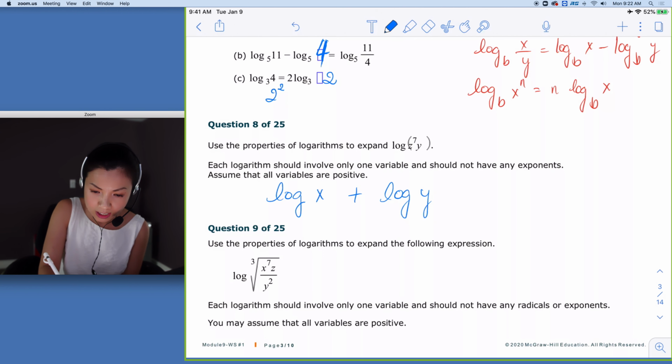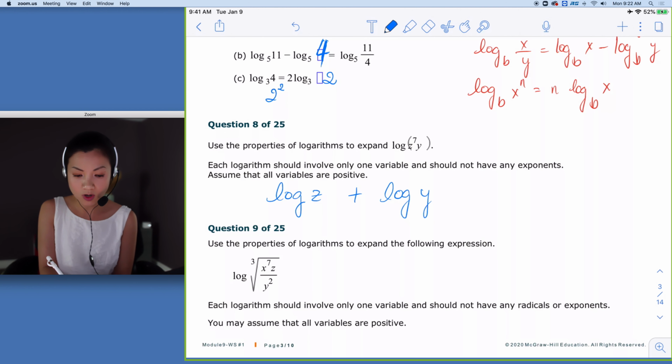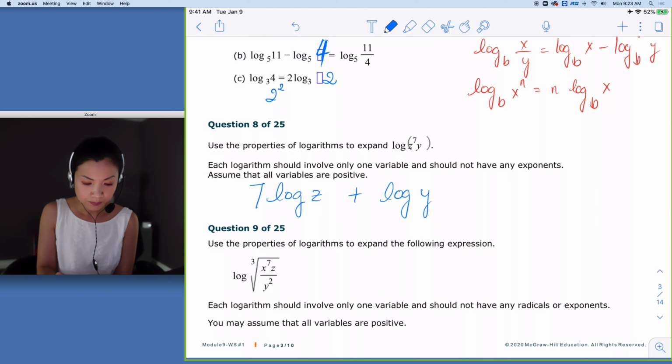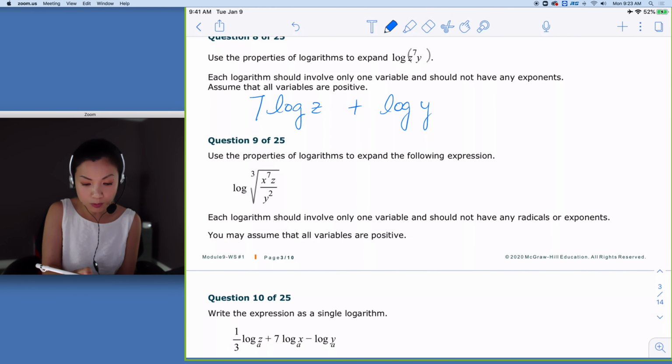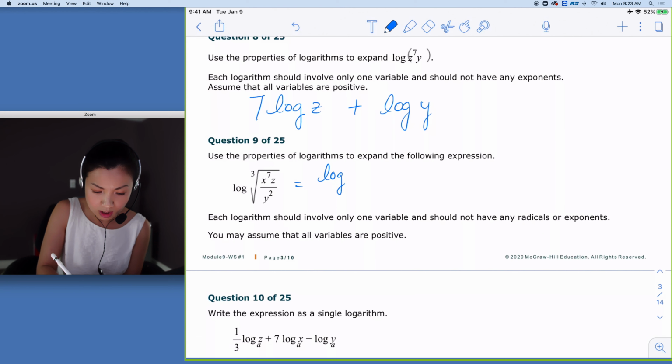However, don't forget that for z, it's not x, so it's z here. Now, don't forget that for z, we have the 7 for the exponent, so you're going to put the 7 to the front. All right, so number 9, you see we have the cube root, so I would first rewrite it as the exponent. So I can do this.